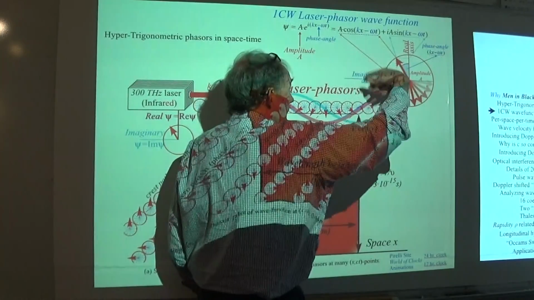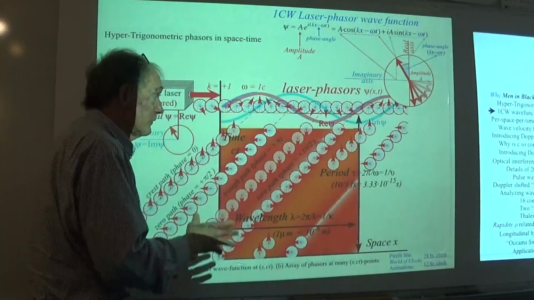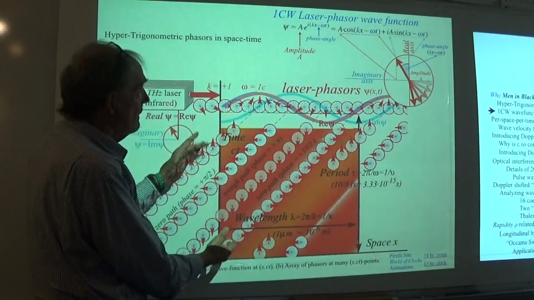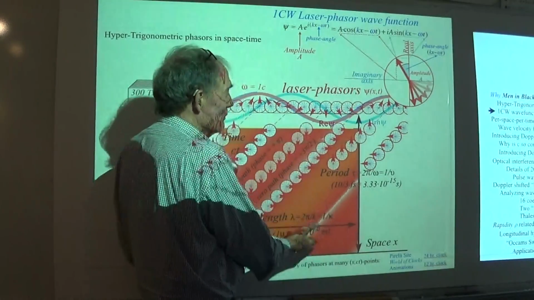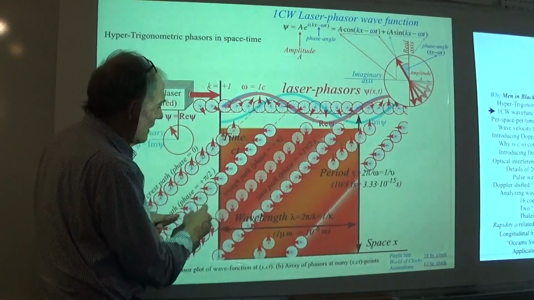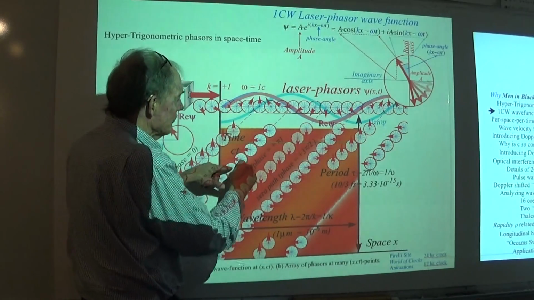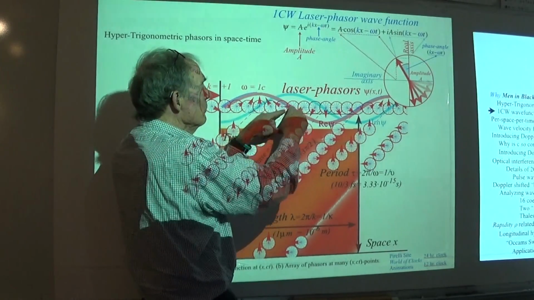So the basic idea of a space-time plot of all of the things that a wave is doing, we're attempting to do right here. And the phase velocity is just how fast a given phase moves.